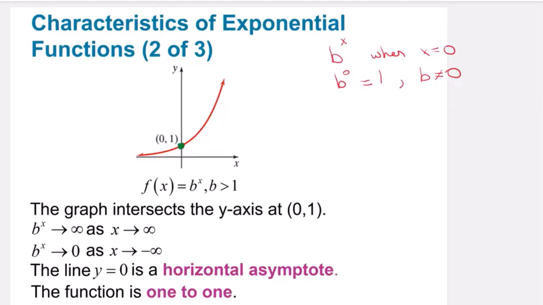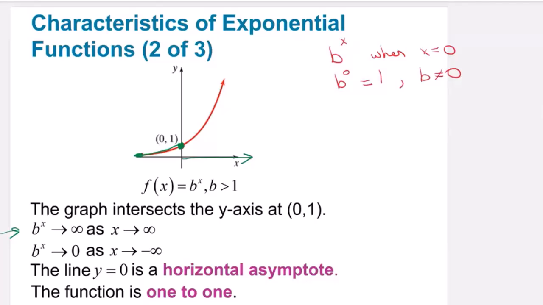When x is 0, y is 1, always. I can do transformations on it, so I'm not saying it can't change, but no matter what the base is, if it's just to the x power, it always intersects the y-axis at 1. And what this means is that as x gets bigger and bigger, y gets bigger and bigger. As x goes to negative infinity, it gets smaller and smaller.